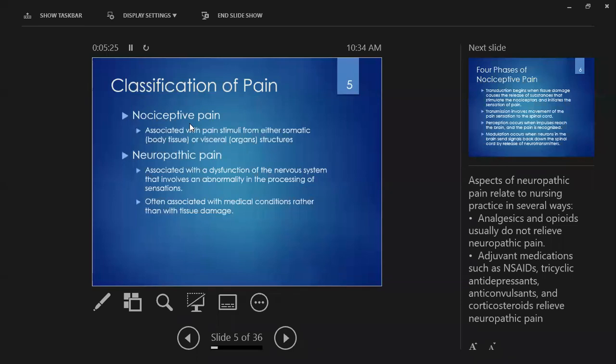So a cut in the skin and a stab wound are most likely going to be somatic nociceptive pain because they're mostly affecting the skin, subcutaneous tissue, muscle, and connective tissues. Now, if we go down into an organ, potentially we could have some visceral pain, but what would be more organ-based pain? Can you give me an example of visceral nociceptive pain?